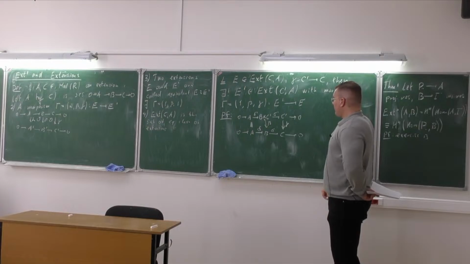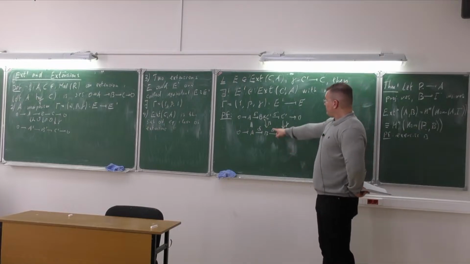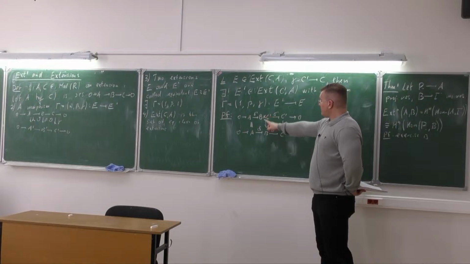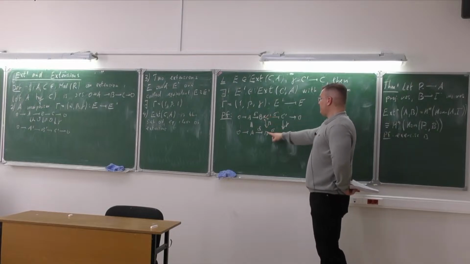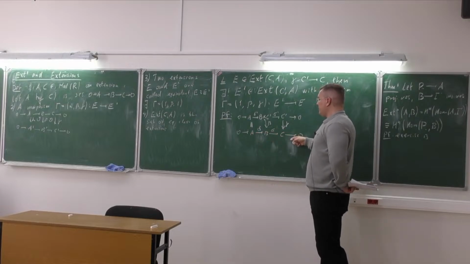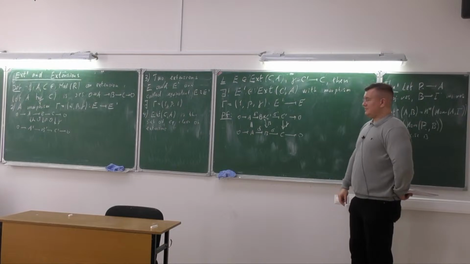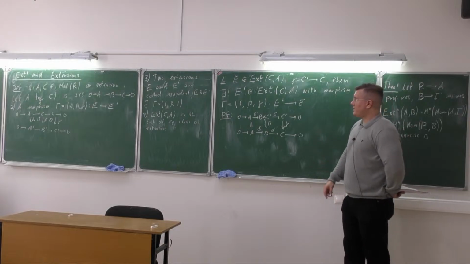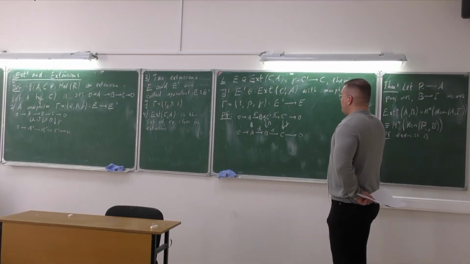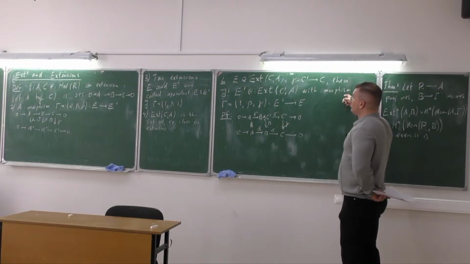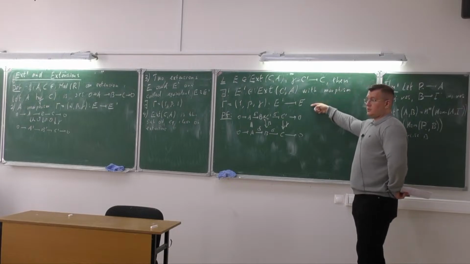Hence, since these two maps are the same, the second element, if you apply sigma, will be 0, which means, by the exactness of the given extension, that it's exactly elements from the A. Well, check this. That's an elementary diagram chase. Okay, so this is the way to construct this new extension and the morphism of extensions.